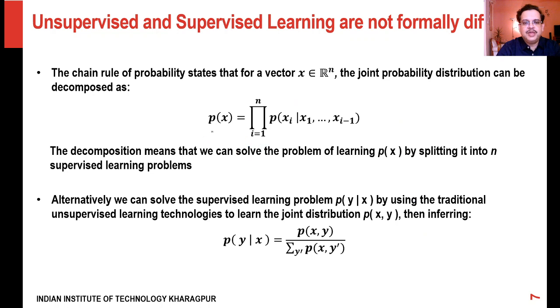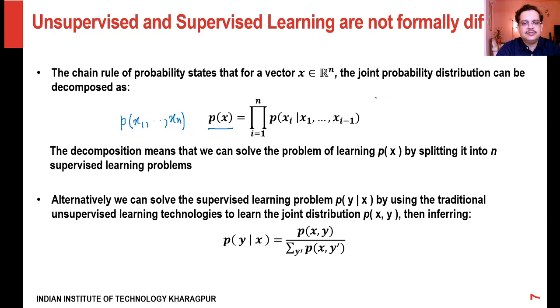I can use Bayes rule on this. Remember, this is the joint probability of those n variables. So this is actually my P of those n variables taking some values. I use Bayes rule repeatedly.